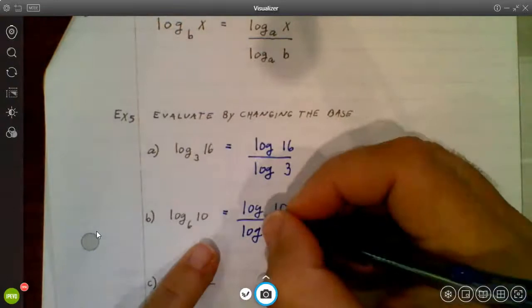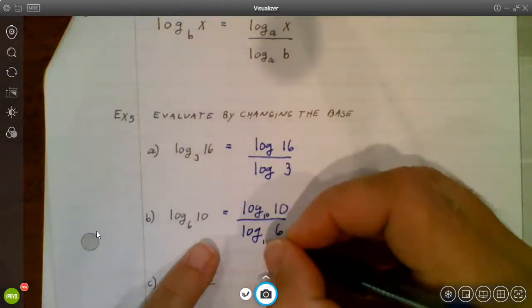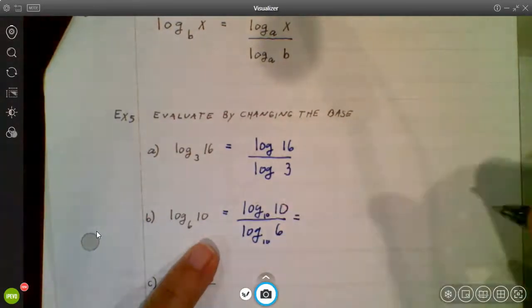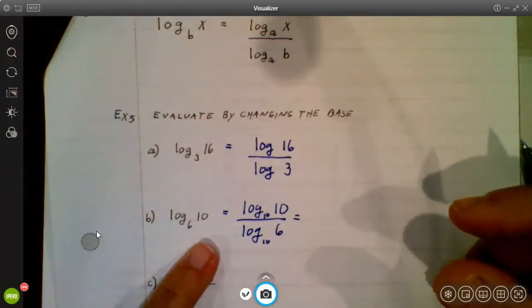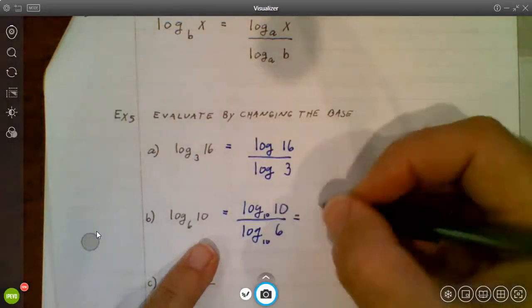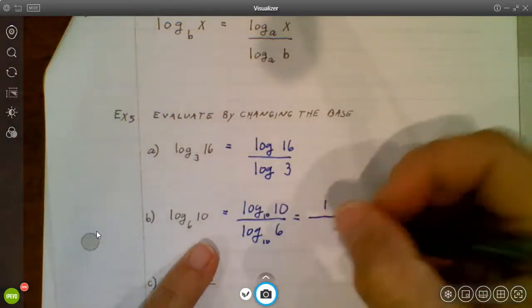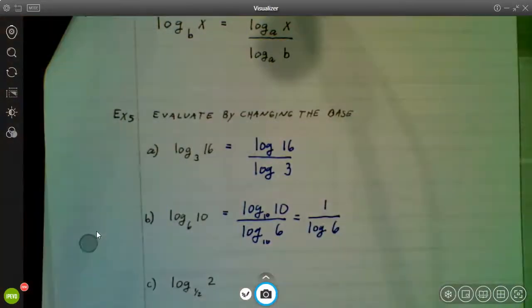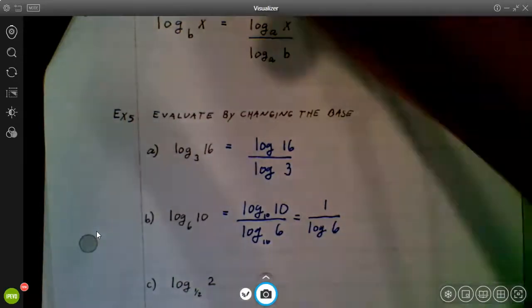And remember, these then automatically have that base of 10. So if I wanted to just simplify, let's say we weren't using a calculator and I just said simplify as far as you could go, we learned early on that log base 10 of 10 is 1. And then this would just be over log 6. So even at this point, if I wanted to put this in my calculator, I could do it from here, I could do it from here, or I could do it from here. All three of those would give me the same answer.